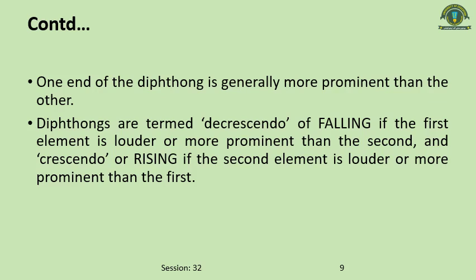Remember, diphthongs are termed decrescendo, or falling, if the first element is louder or more prominent than the second, and crescendo, or rising, if the second element is louder or more prominent than the first.